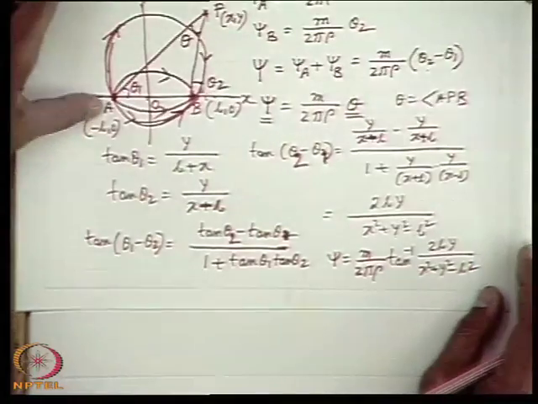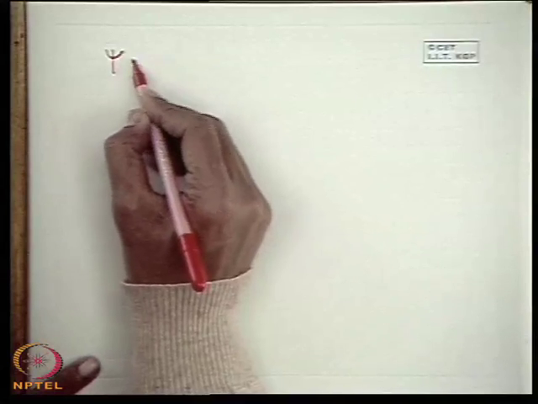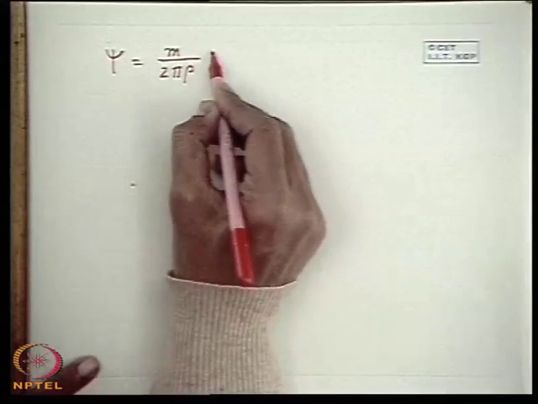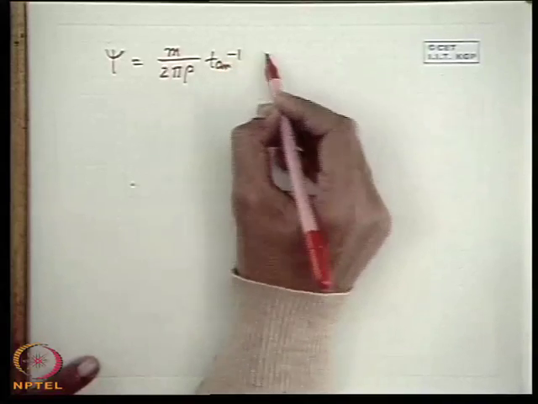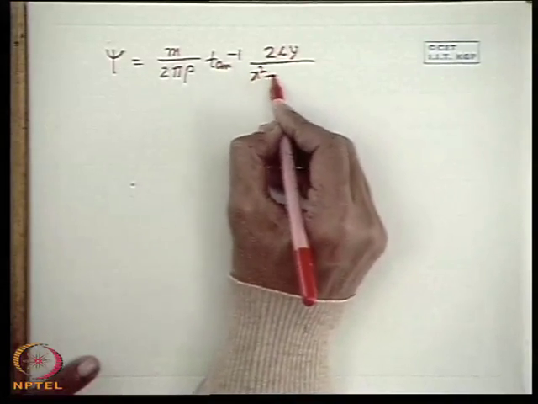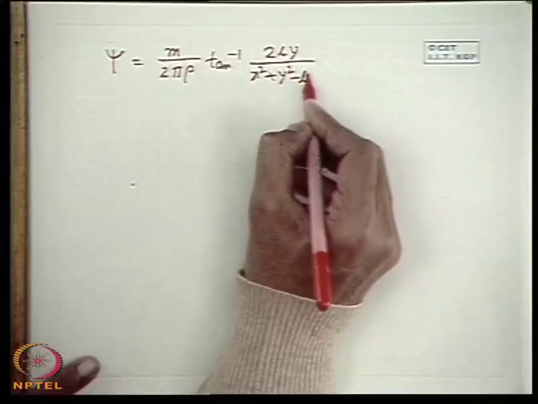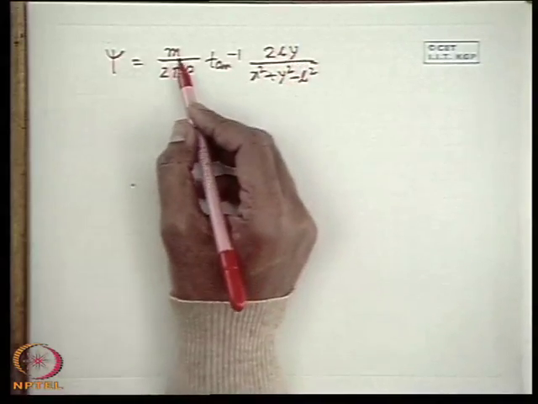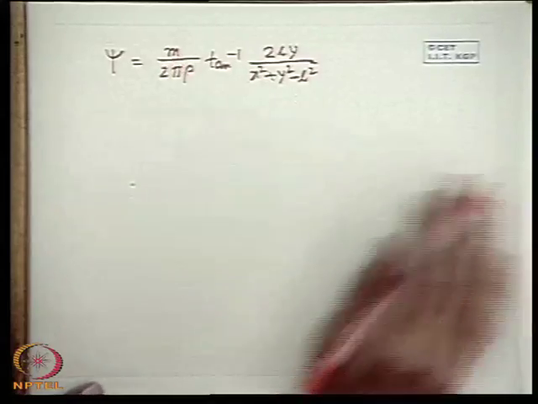Therefore, in Cartesian coordinates, we get the stream function psi equal to m by 2 pi rho tan inverse of 2by divided by x square plus y square minus b square, where 2b is the distance between the source and the sink, and m is the strength of both the source and the sink.